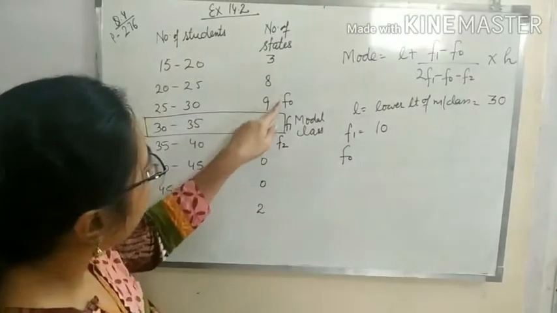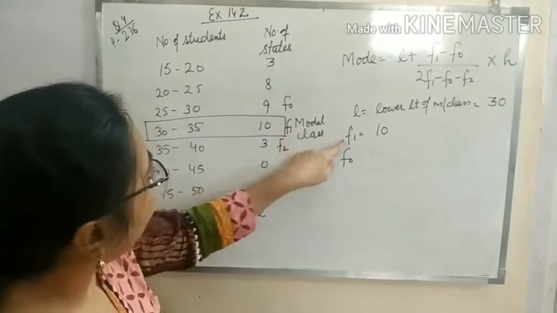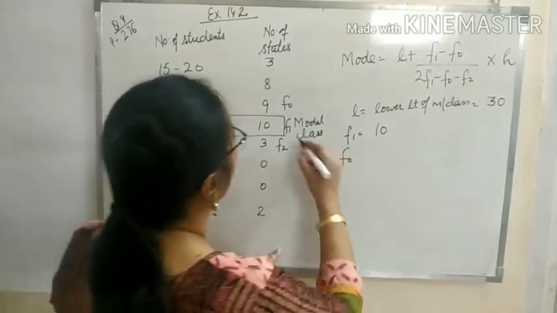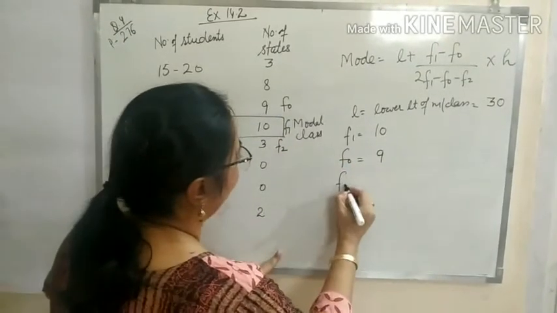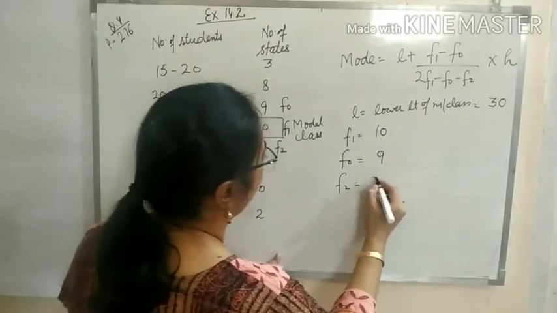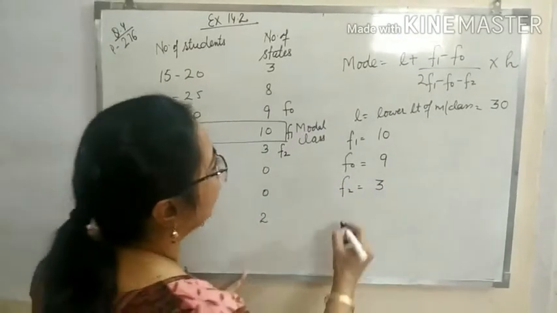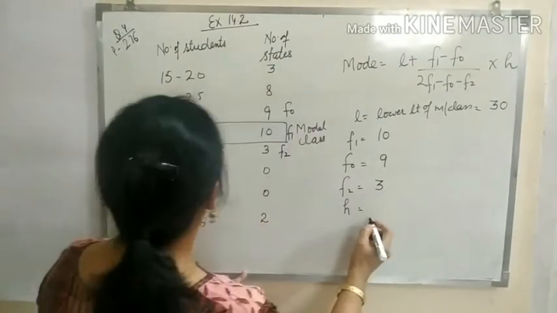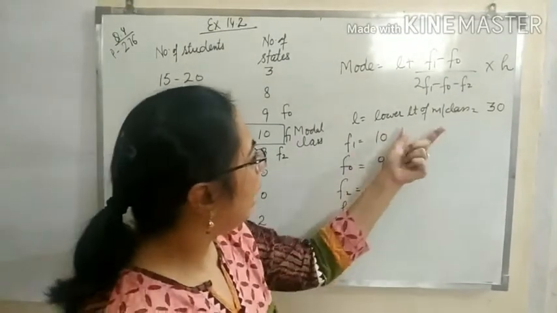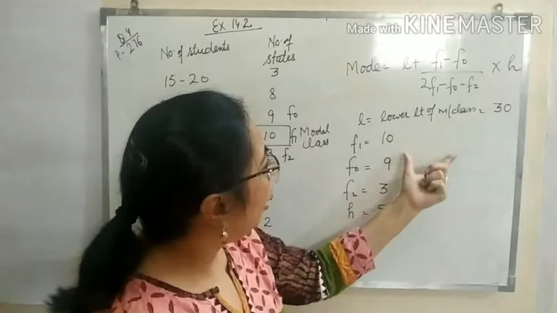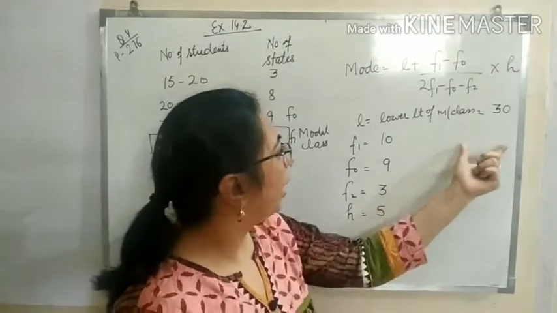This is the sequence, F0, F1 and F2. F0 is the frequency of the preceding modal class, that is 9, and F2 stands for the frequency of the succeeding modal class, that is 3. Then we have to put H, the class size, which comes out to be 5. You have to write all these completely, and then you write the values.